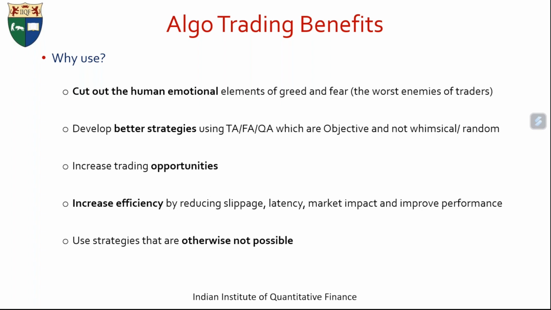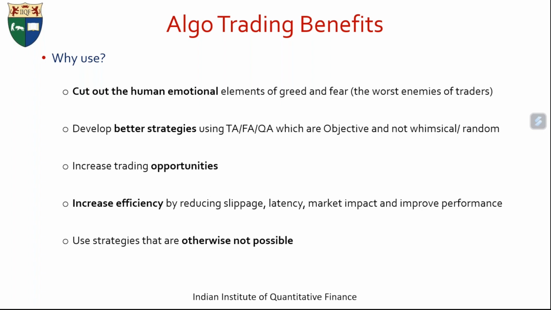So these are things you can do using algos, which otherwise are not possible, right? These are all advantages of doing algo trading. And because of the huge advantages that algo-based trading provides, you will see that more and more people are moving to algo-based trading, right?